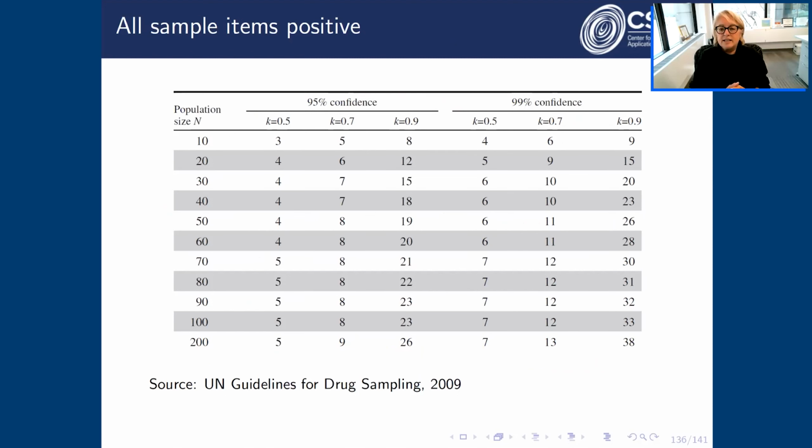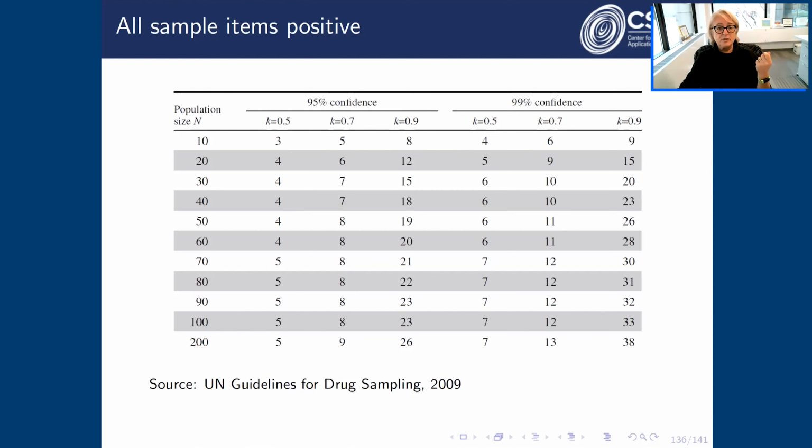So here, and I have just a few more slides and then I finish. These are values from the UN guidelines for drug sampling. What they have done is they have used this model to give you some sense of what the sample sizes would be. So if you have a population of, let's say, size 10, and you want to be able to say that at least half of these items are positive, with 95% confidence, you would only need a sample of size 3, as long as all 3 of those items that you draw are positive.